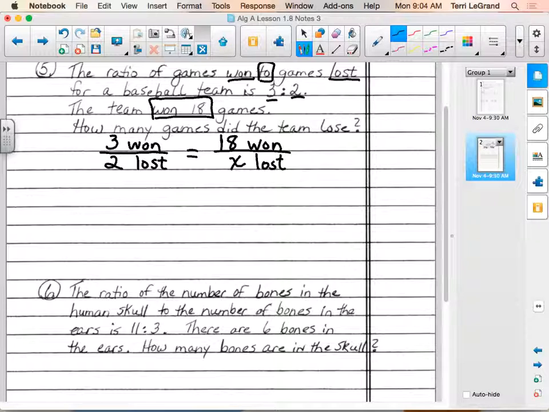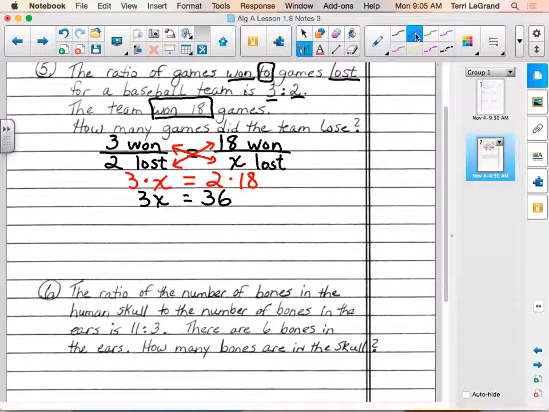Okay, now we'll do our cross products. We'll take our 3 times our x and set that equal to our other cross product, which is 2 times 18, or 18 times 2, order does not matter. We have 3x on the left side, 2 times 18, which is 36, on the right side.